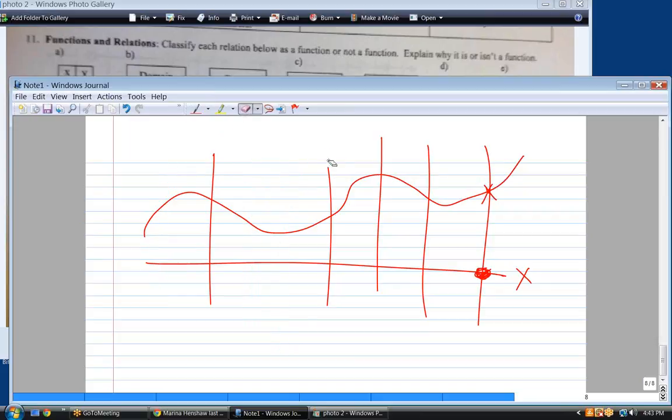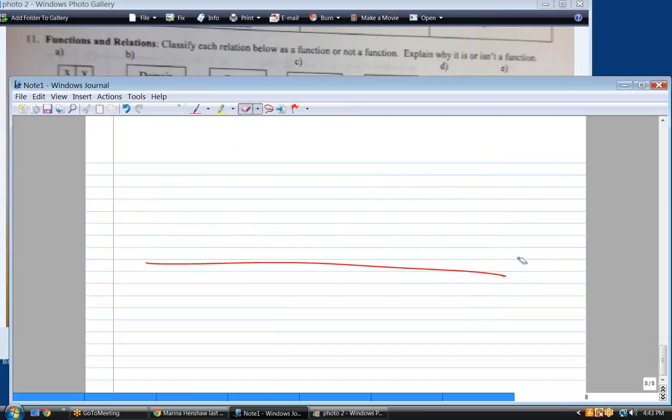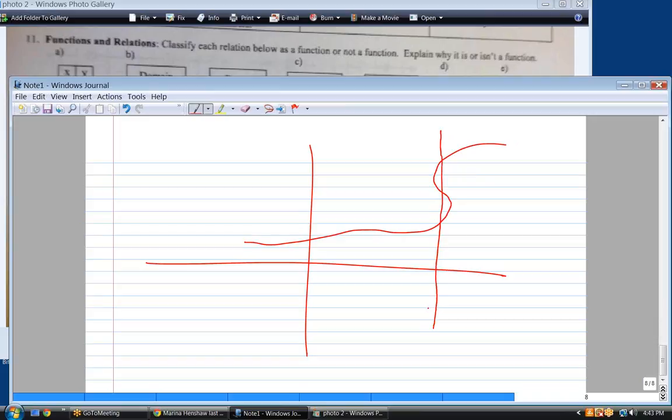If instead I had the following, that does not pass the vertical line test. If I draw a vertical line right through there, I get more than one value for y.